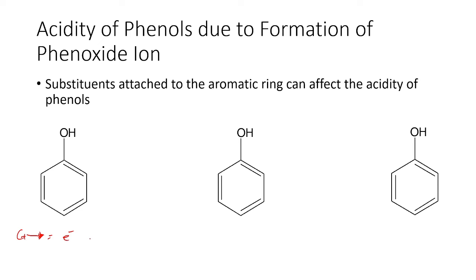So, yung tinatawag nating mga electron-releasing groups, meaning these are groups or substituents that has tendencies to give off or kumbaga, donate electrons to our phenol. What will happen here? It will actually have lesser acidity. This is actually less acidic in comparison to our just phenol.